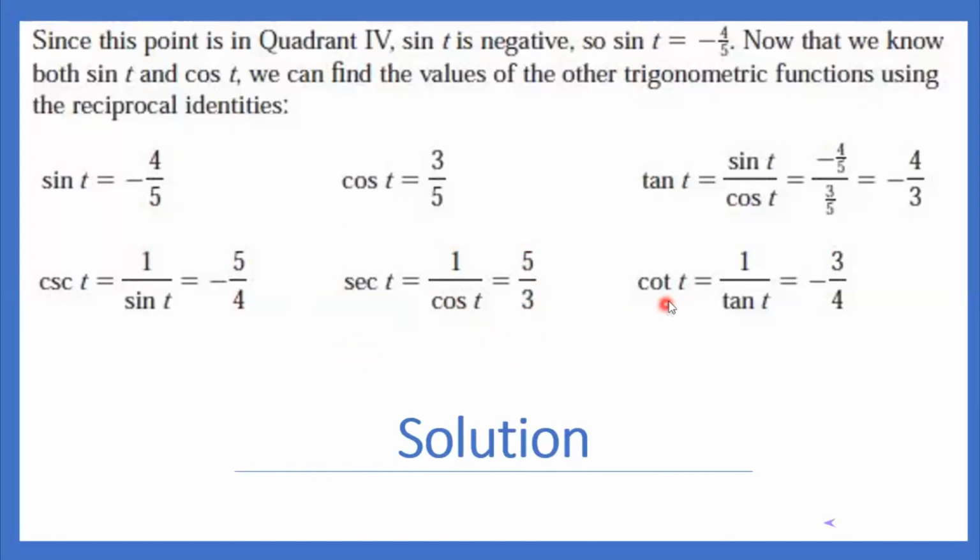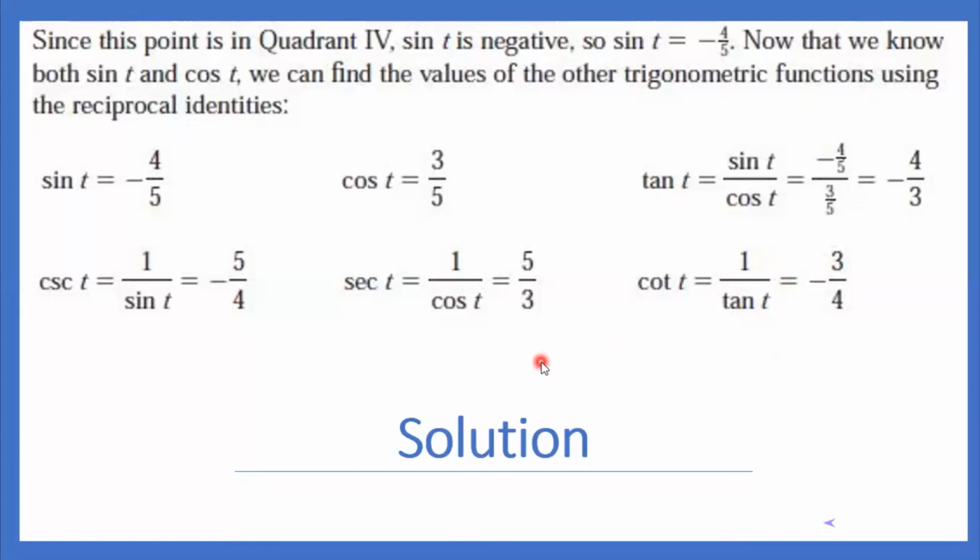How about cotangent t? Cotangent t is defined as 1 over tangent t or cosine t over sine t. Correct? Since we are given the value of tangent t, which is negative 4 over 3, we simply divide 1 by negative 4 over 3, which can be simplified into negative 3 over 4.